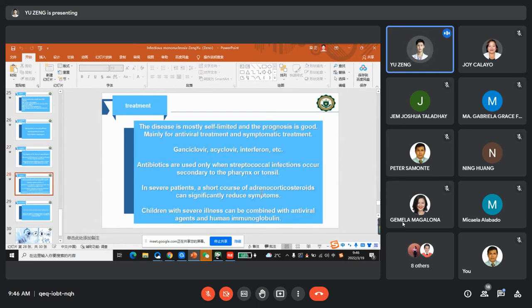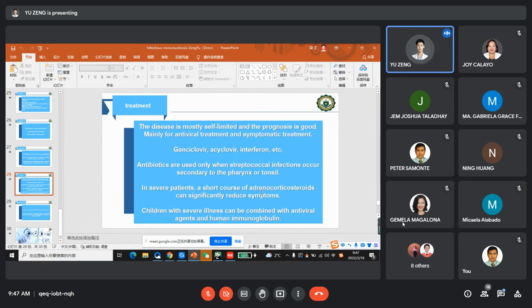The disease is mostly self-limited, as I have mentioned above. The prognosis is good, and treatment is mainly antiviral and symptomatic, with agents such as acyclovir and interferon.